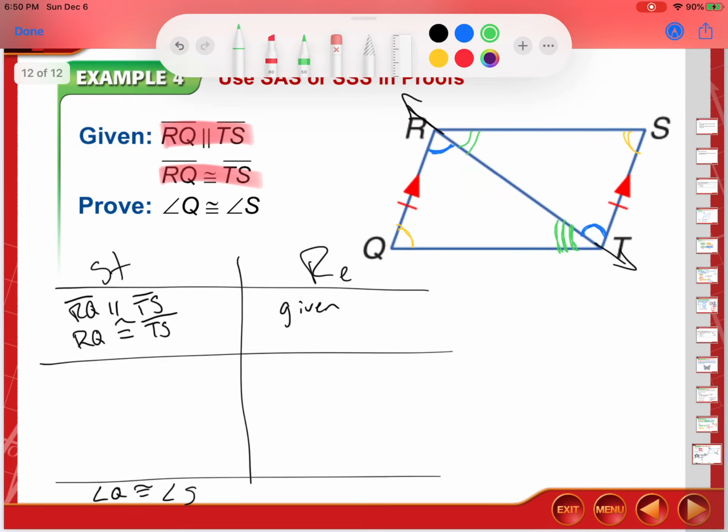So I could also say this angle here that I am doing in green. Why did I do 4? So these green angles are also going to be congruent. Same deal, alternate interior angles. So we're trying to prove that S and Q are the same.